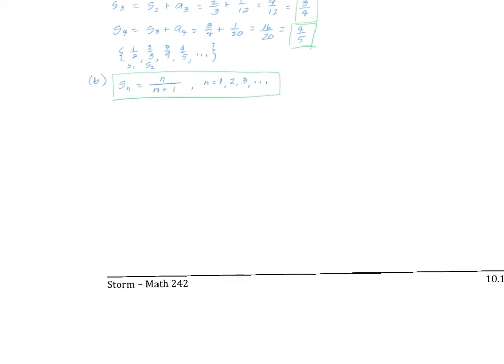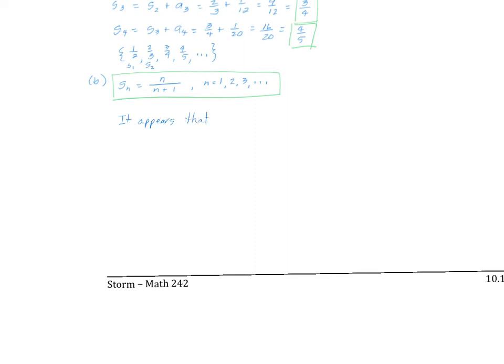And now if I look at it, if you look at that list, 1/2, 2/3, 3/4, 4/5, it looks like my sequence of partial sums is getting closer and closer to 1.